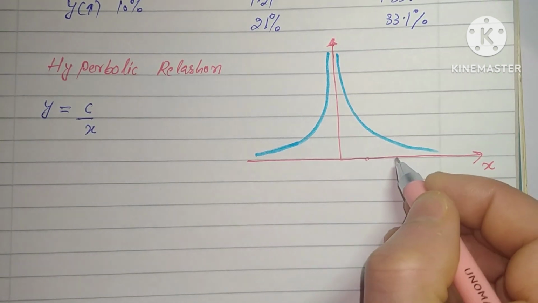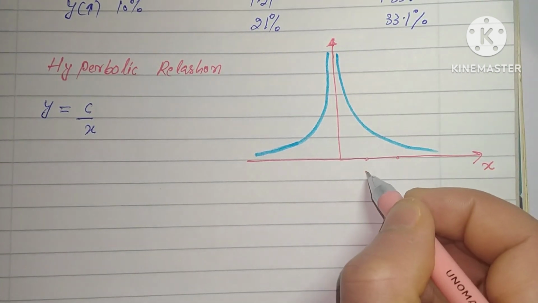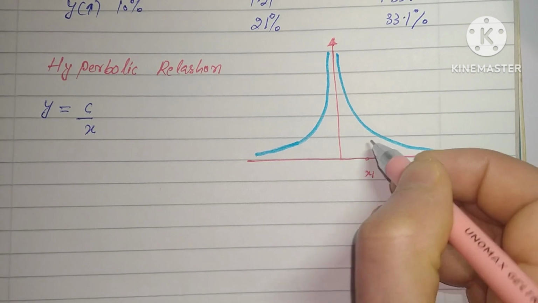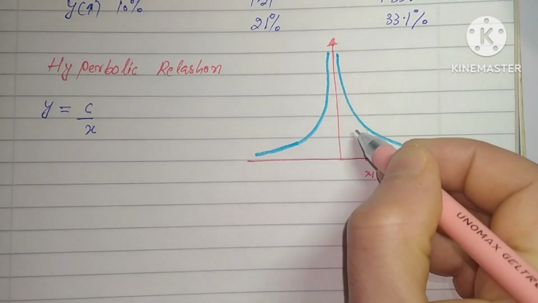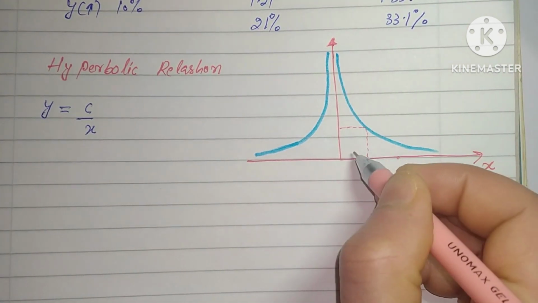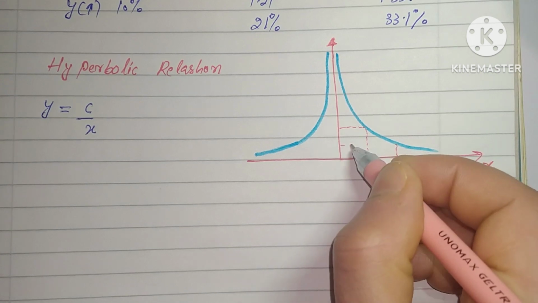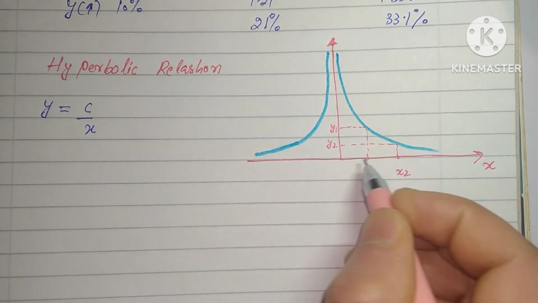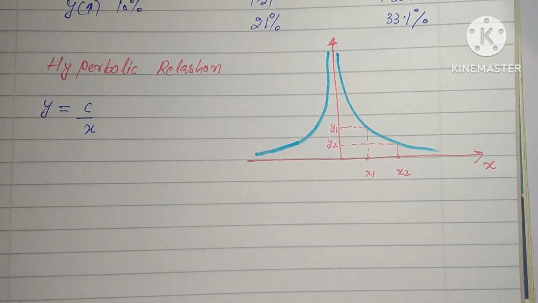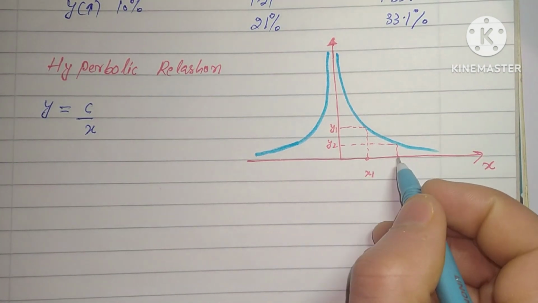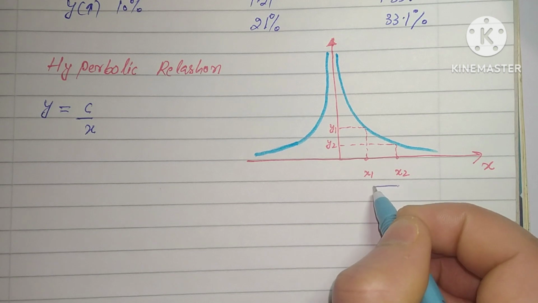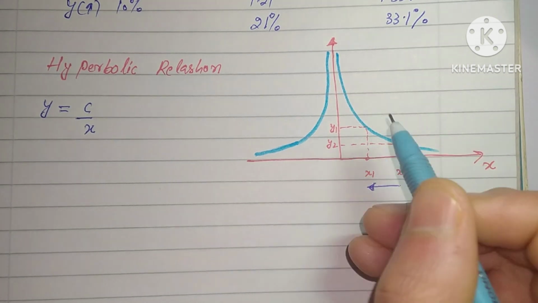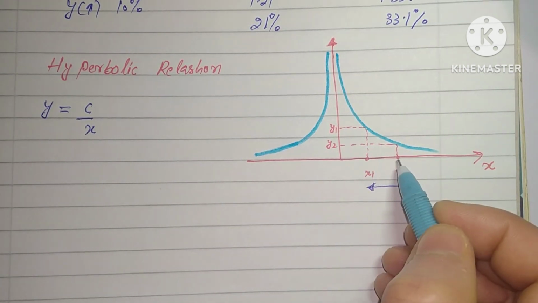Take two points x1, x2. The corresponding y ordinates will be y1 and y2. Look, if we decrease the value of x, the value of y will increase.